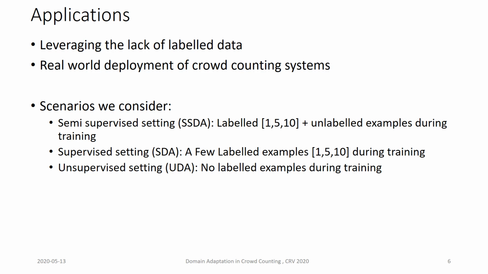The scenarios we considered are a semi-supervised setting, where we used a few labeled examples like 1, 5, 10, and lots of unlabeled examples during training. For the supervised setting, again, we used a few labeled examples, but in the unsupervised setting, we didn't use any labeled examples to train our network.